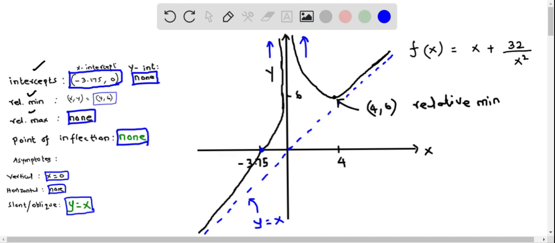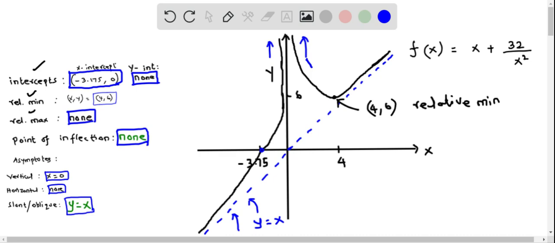We also draw the graph of the slant, or oblique, asymptote, that is y equal to x. Using this slant asymptote and also the relative minimum at 4 comma 6, we know that the function is decreasing to the left of 4.